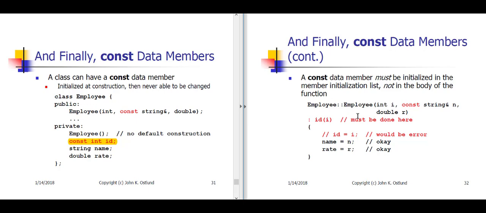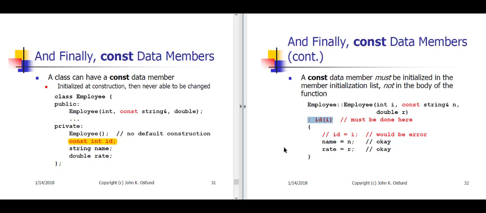If you have a data member such as ID here for the employee class that is a const, then you are required to use the member initialization list syntax in your constructors to initialize a const.